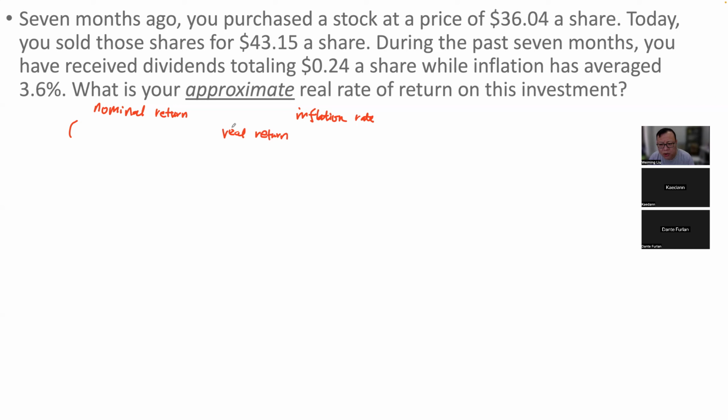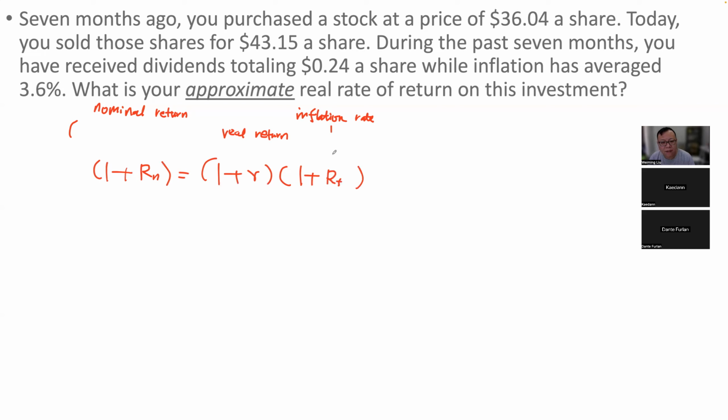And then the formula is that 1 plus the nominal return, if I use Rn, equals 1 plus the real return, I use lowercase r, times 1 plus the inflation rate, RF.